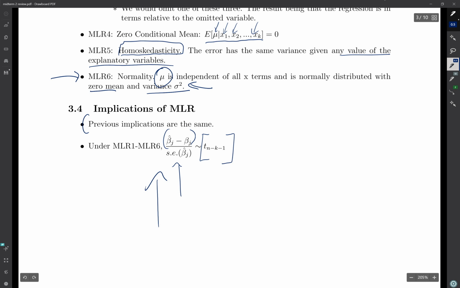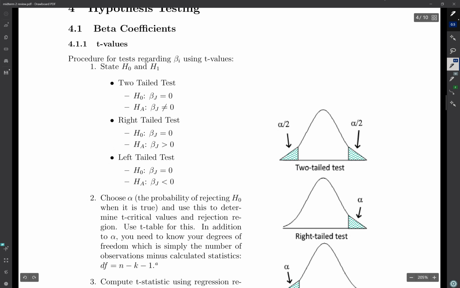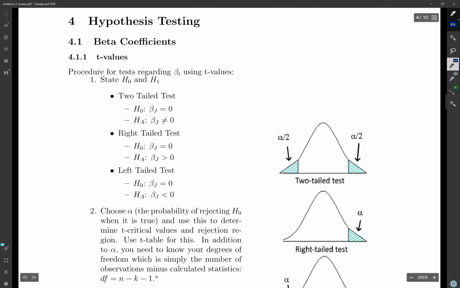Okay, and when it's t distributed, then we can use a t-table and get some information. In particular, we can do some hypothesis testing with that.